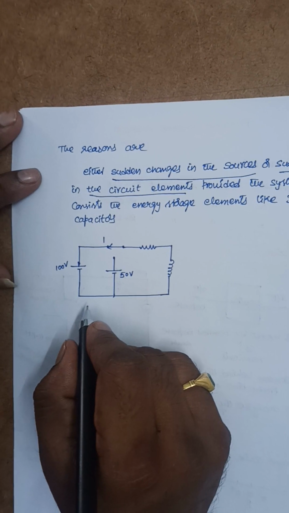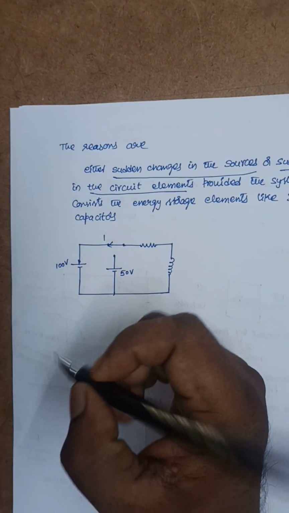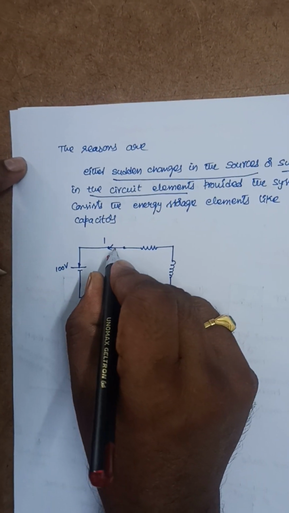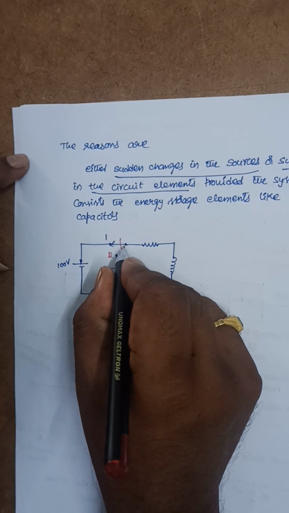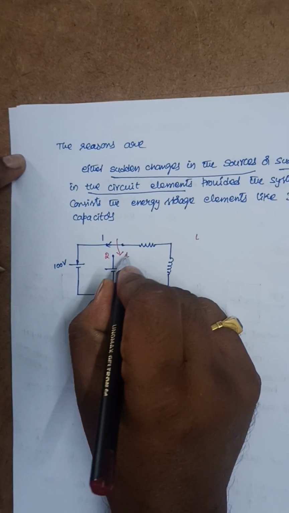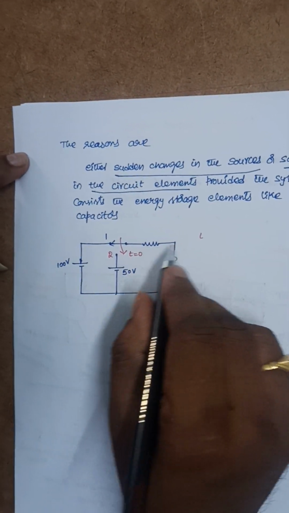So if I change this switch from position 1 to position 2 at t is equal to 0, then there will exist the transients in the system.